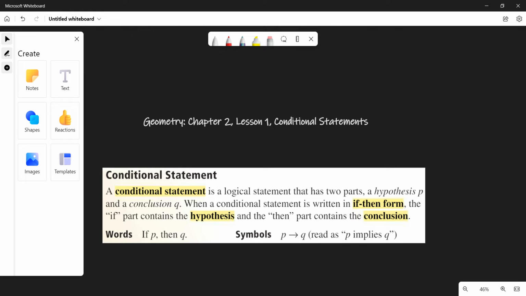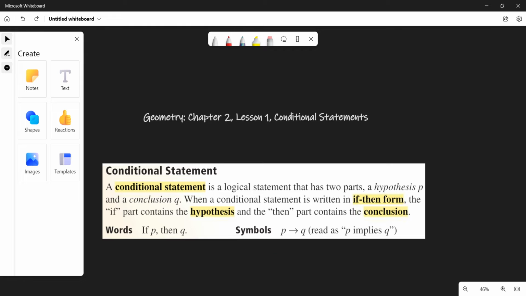Or like, if I have a cat, then I have a big responsibility. In symbol notation, it's written as P with an arrow to Q, and you'd read that out loud as if P, then Q. It's as simple as that.